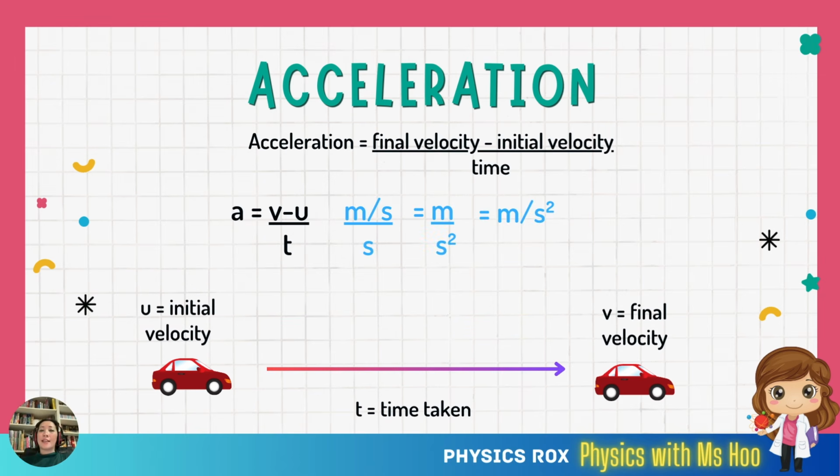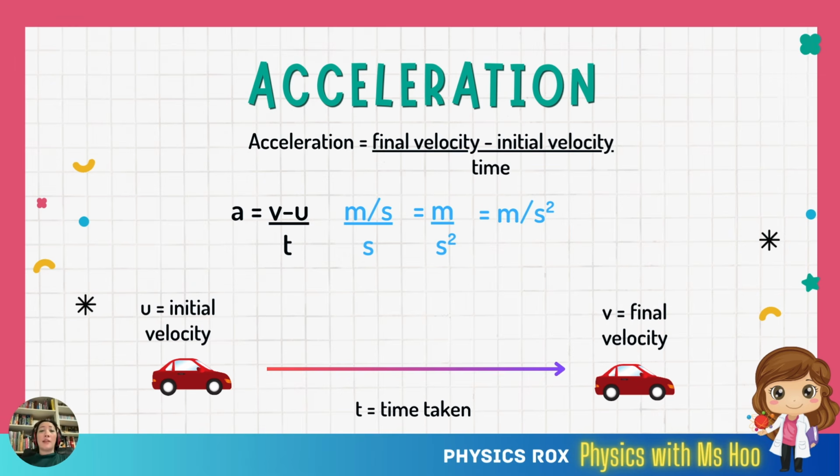The unit for acceleration is quite simply meters per second squared. Some of you may be wondering, why is it so unusual? Well, it's because this is determined from the formula. As you should know by now, the unit for velocity is meters per second.